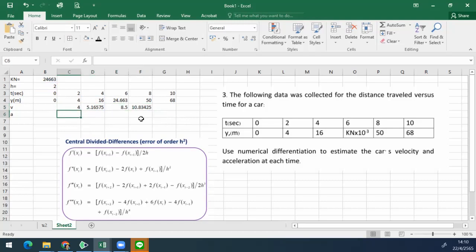And the second derivative is equal to f(x_{i+1}) minus 2 times f(x_i) plus f(x_{i-1}), divided by h squared.